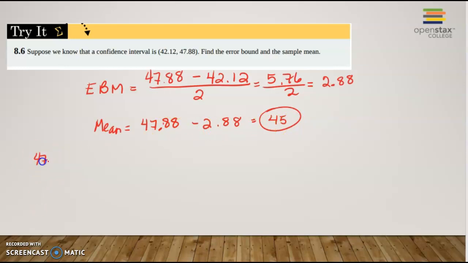But you could very well add these 2 together: 42.12 plus 47.88 is 90. Divide by 2, which would also give you 45. It's just whether or not you had to find the error bound first. If you didn't, then there you go.